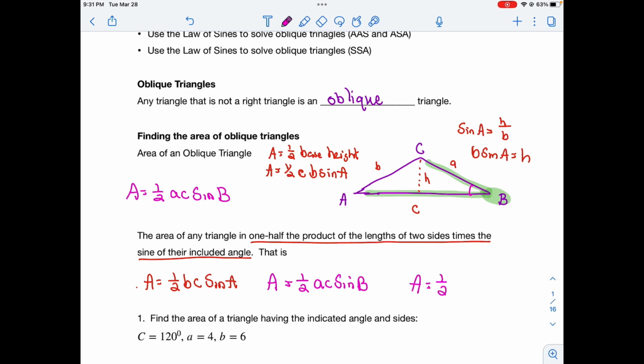How would I find its area? Well, that's obviously going to be 1/2 of the two legs that form angle C, that's a and b, times sine of angle C.